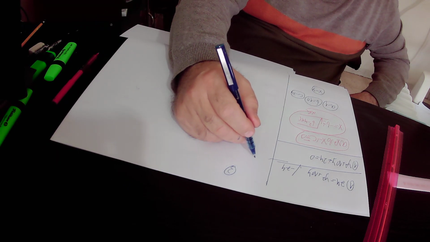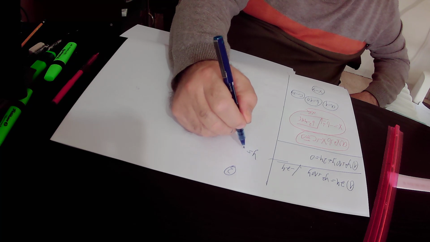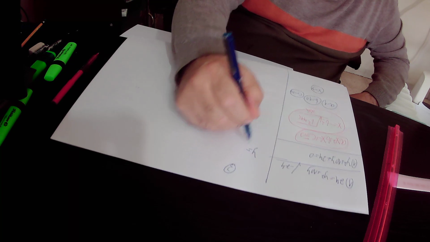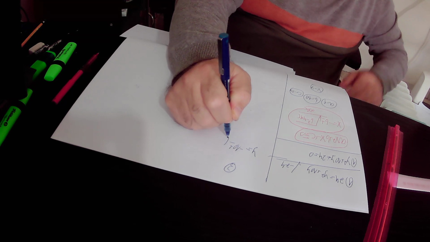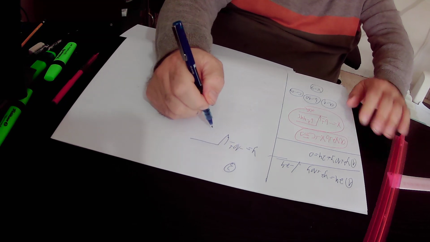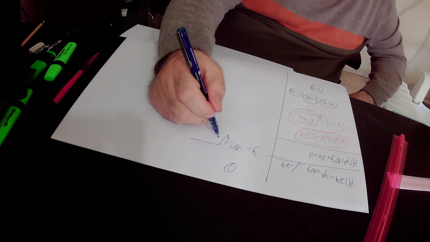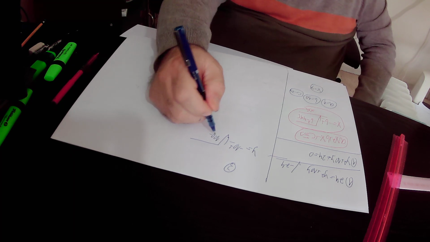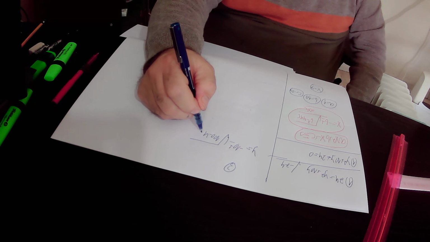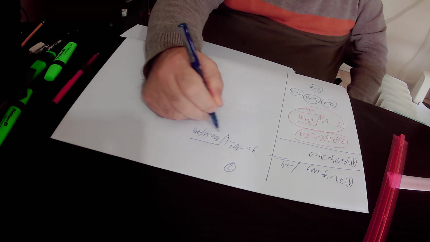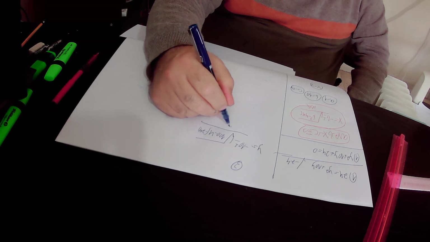So we get that y equals minus b, b is 10, so minus b is minus 10, plus minus the square root of b squared, b is 10, so b squared is 100, minus 4 times a, that is 1, times c, that is minus 24, over 2a. A is 1, so 2 times 1 is 2.